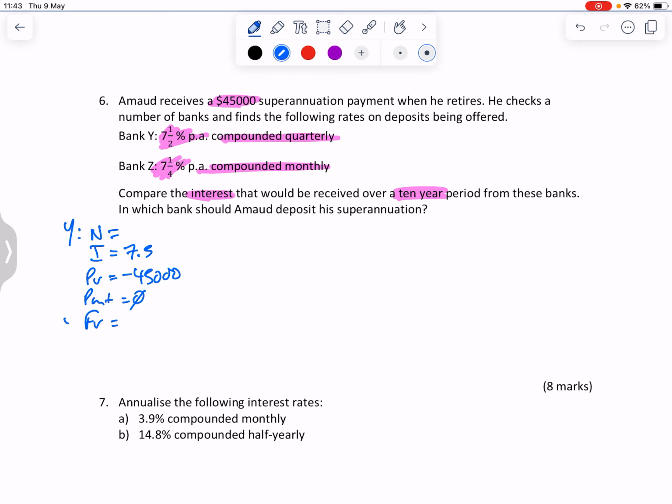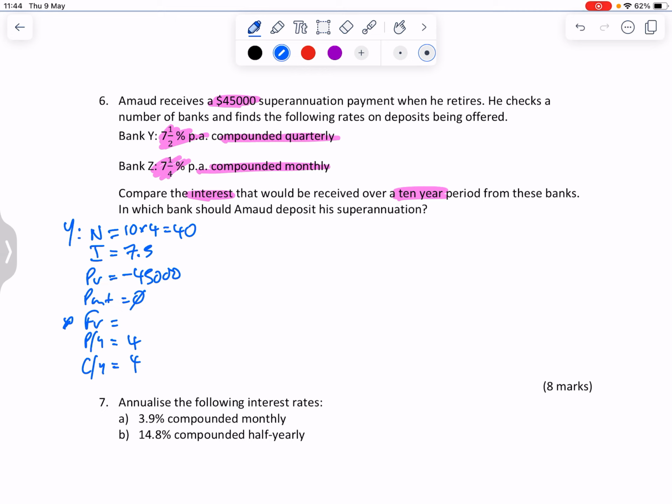PY and CY, compounding quarterly, so 4 quarters in a year. So that allows me to work out N, because 10 years times by 4 times a year is 40 periods. So in TVM solver, 40, 7.5, negative 45 grand. Make PY and CY both 4, solve for FV.